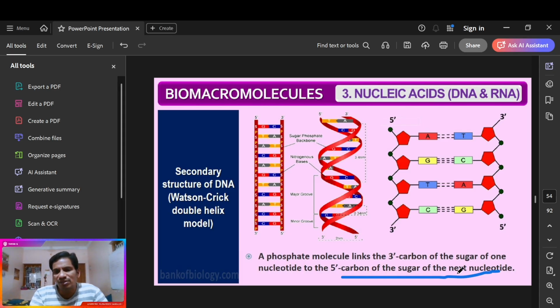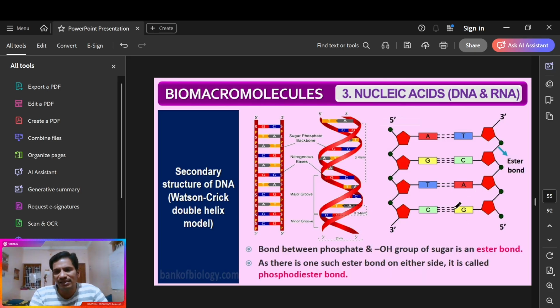See, between these two there is an ester bond between the phosphate and OH of sugar. The bond is called an ester bond. As there is one such ester bond on either side, it is called a phosphodiester bond. How many? Two.